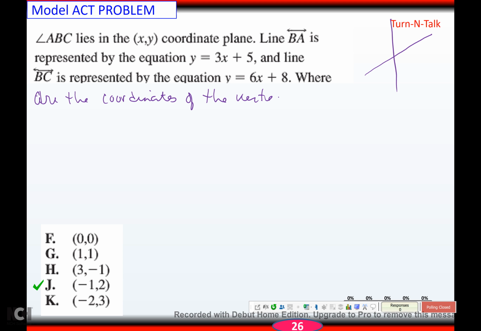Pretty much, because they're going to intersect. There's where the angle forms, so that would be the vertex of the angle. Okay? So, all we have to do is figure out where the lines intersect, and we have their intersection point. We have the vertex, yeah?